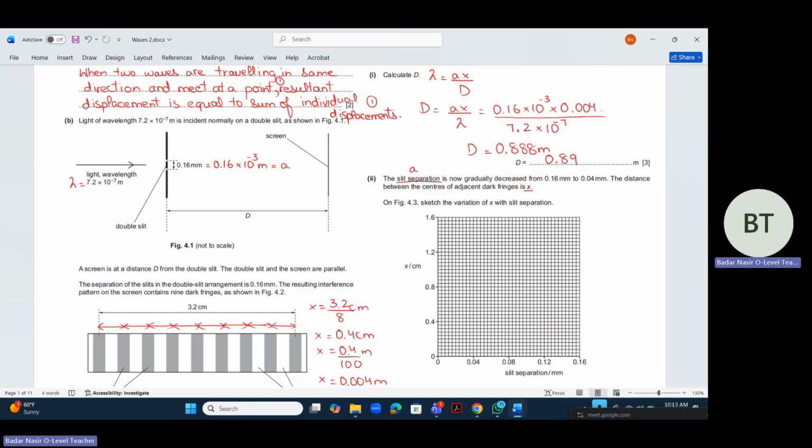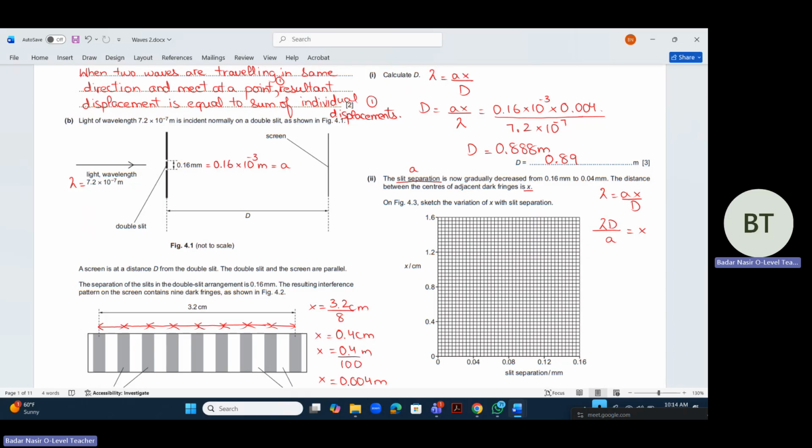Okay, so now we have to study the relation between the slit separation and the fringe separation. So in the expression lambda is equal to ax over d, I multiply d to the other side and bring small a over to divide. So this is the relation. We have to rearrange.